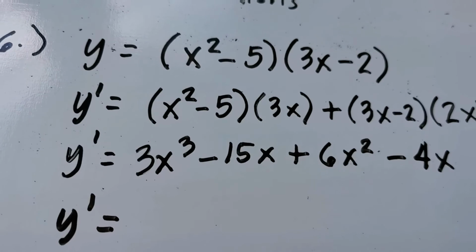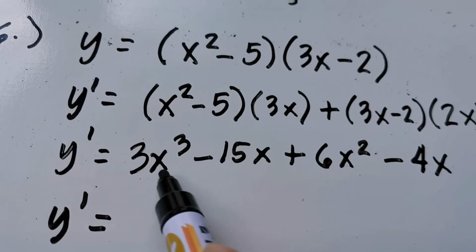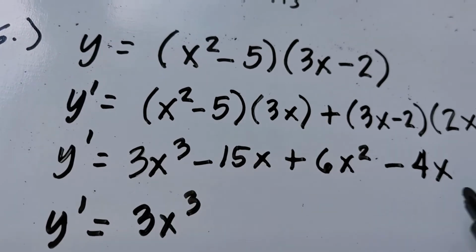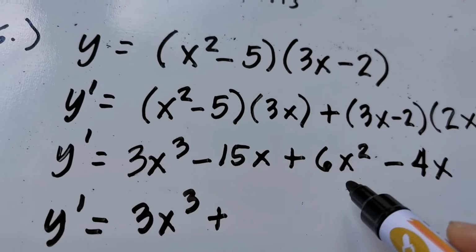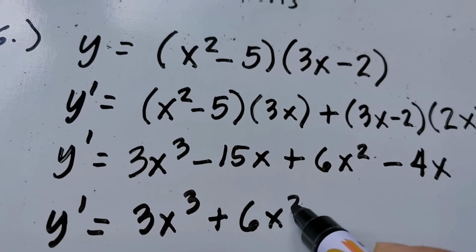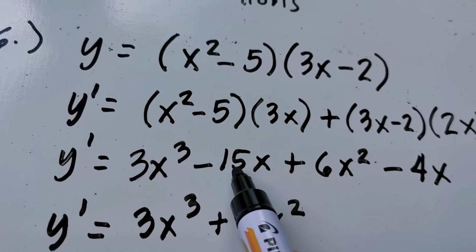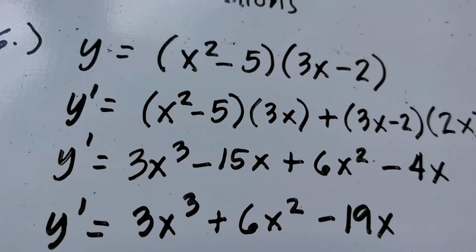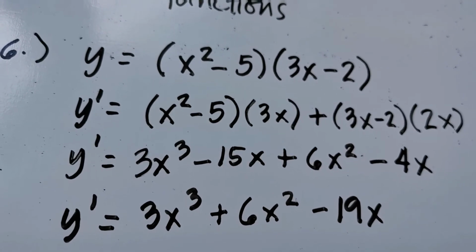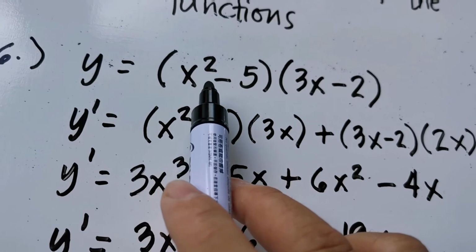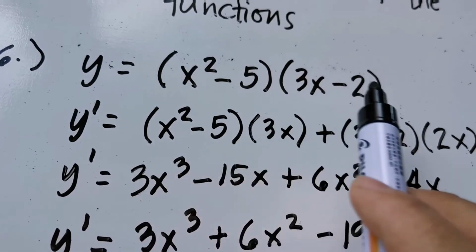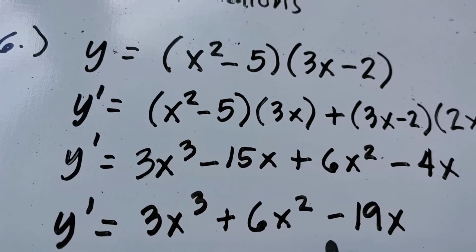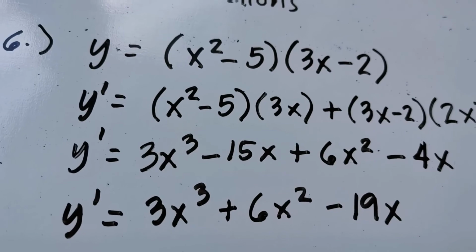As combined like terms, we have 3x cubed, then we have plus 6x squared, then we have a negative 15x minus 4x, we have negative 19x. Therefore, the derivative of the product of x squared minus 5 and 3x minus 2 is 3x cubed plus 6x squared minus 19x.